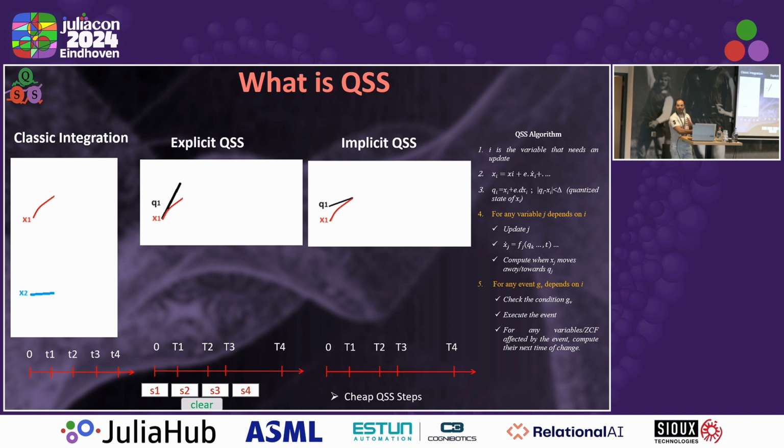I also see if there are any events that depend on this variable xi, and then I check whether the zero crossing for those events needs to be checked. So besides this variable q, I also have a set of dependency matrices that are built up front that I will use to check which variables need an update.